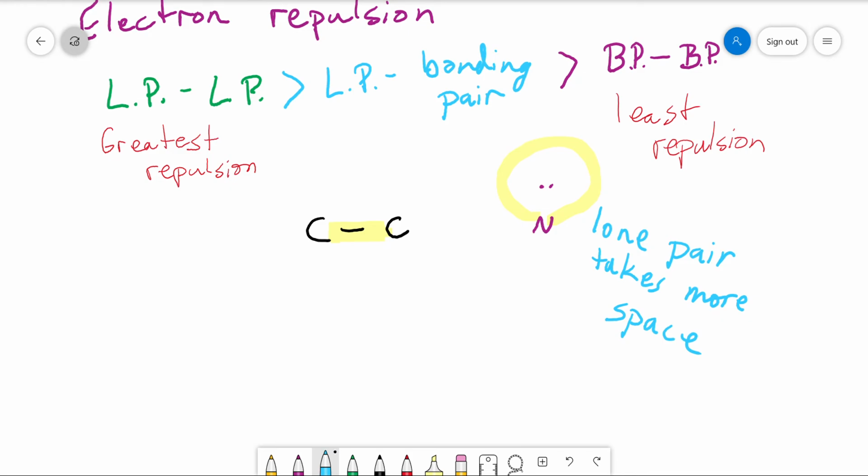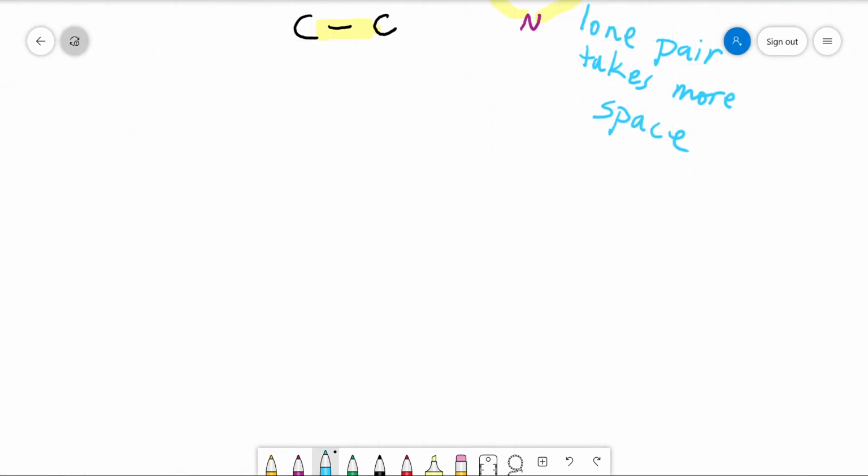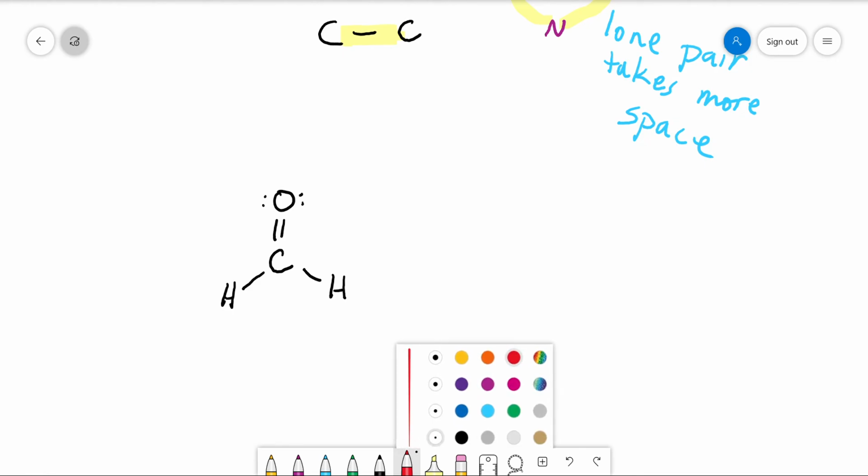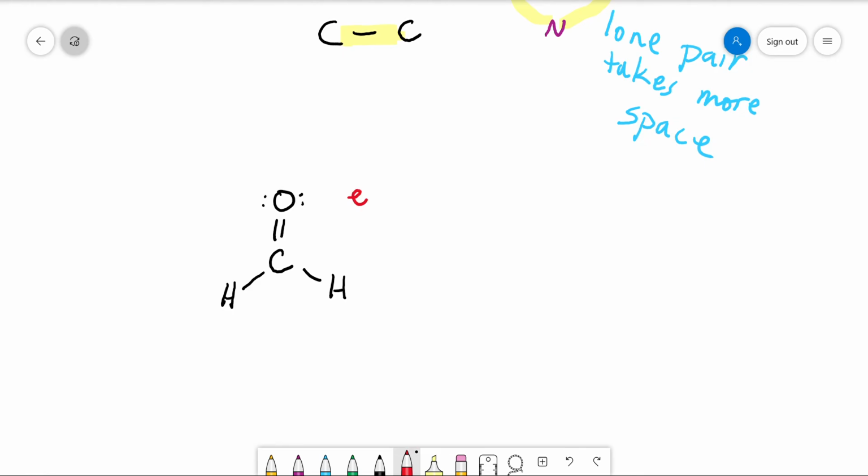Okay. Now let's look at a similar scenario. I'm going to draw another molecule here. Let's look at this molecule here. And that's formaldehyde. Now, what we would expect to see is 3 bond angles all at 120 degrees.